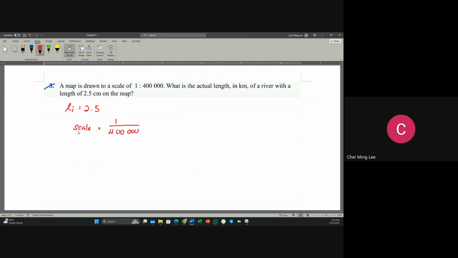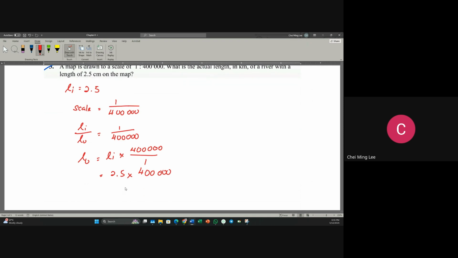So Li over Lo is 1 over 400,000. This one moves here. Lo is equal to Li times 400,000 divided by 1. Li is 2.5, so 2.5 times 400,000, in cm.